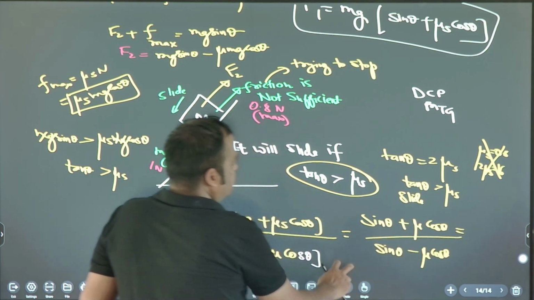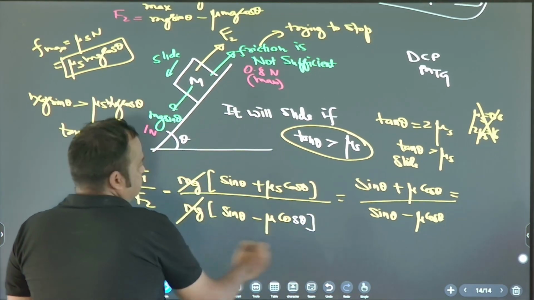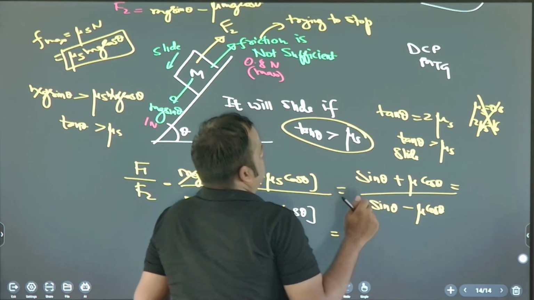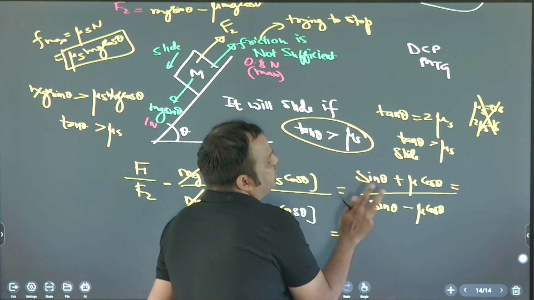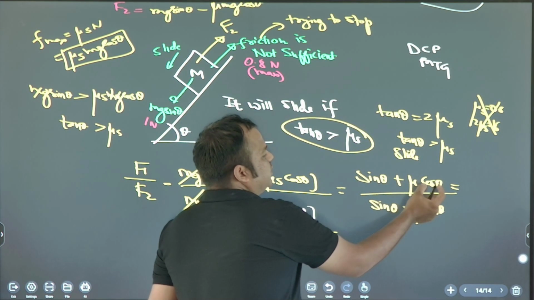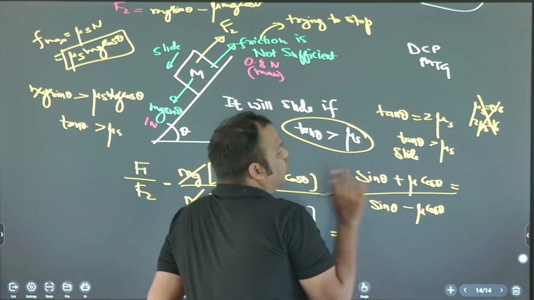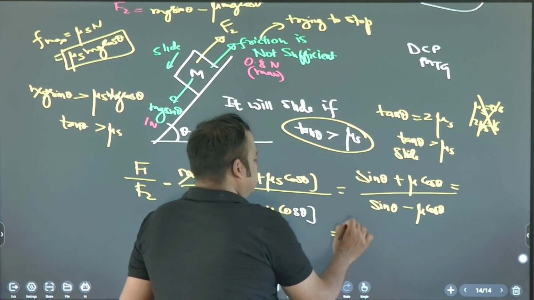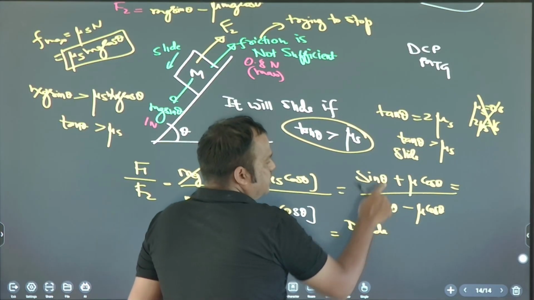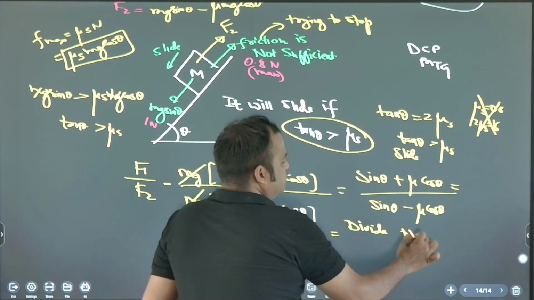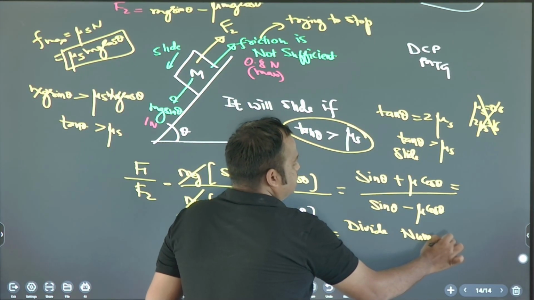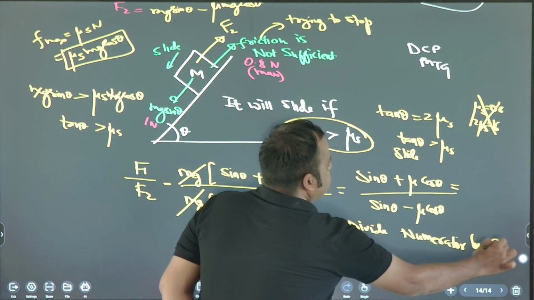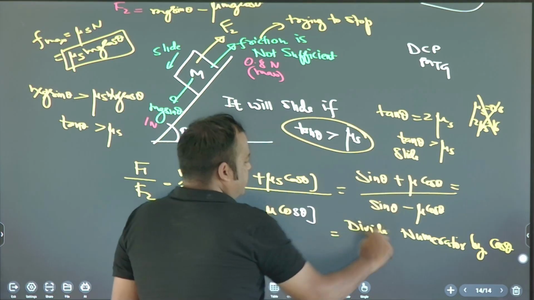Now how will you solve it? What is the next step? Correct. You can take cos theta common, or divide both numerator and denominator by cos theta. You will get tan theta then.